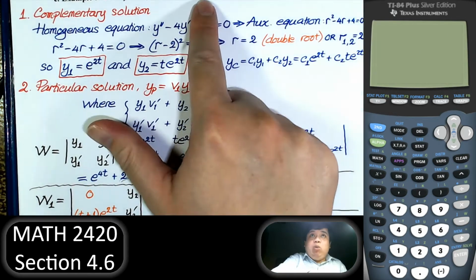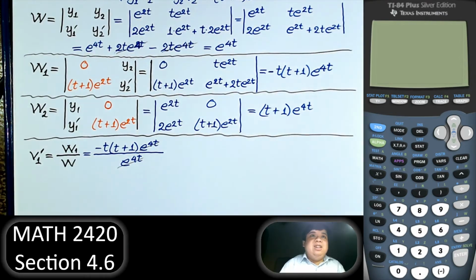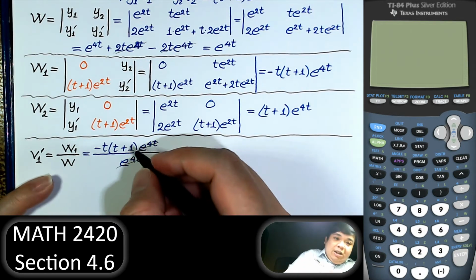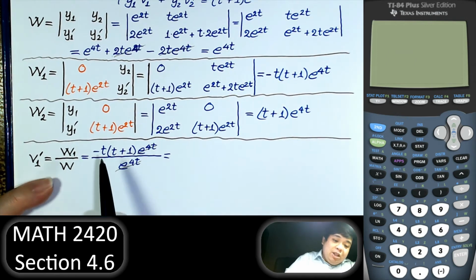If we just throw any random function here, chances are that we cannot integrate. So the solution should be a little bit reasonable where we can actually integrate. If it's too complicated, then it's not practical.